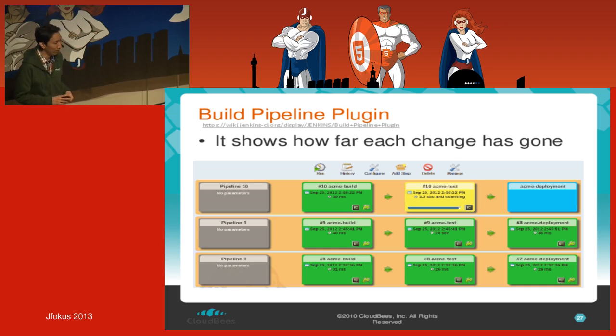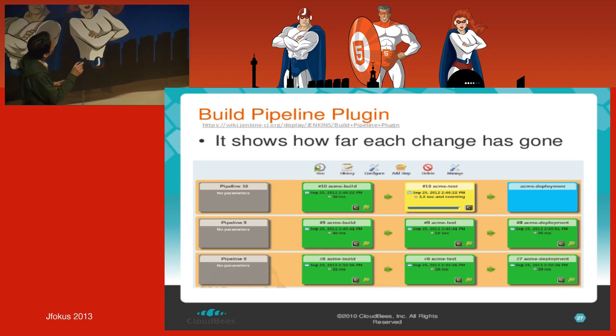Another really useful plugin is the Build Pipeline plugin. It basically shows the same thing, but from a different angle. In the previous screenshot of the dependency graph viewer plugin, we were looking at the relationships between different jobs. But here, the way you read this graph is by looking at the relationships between different builds.